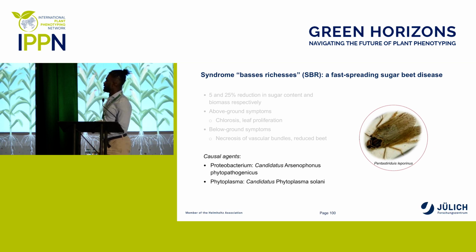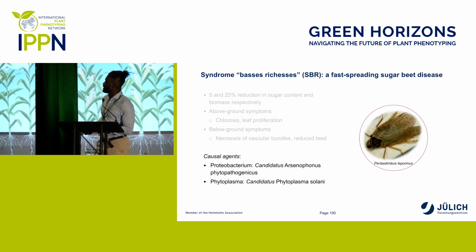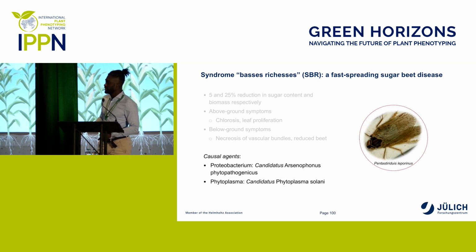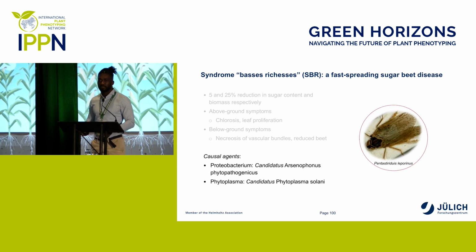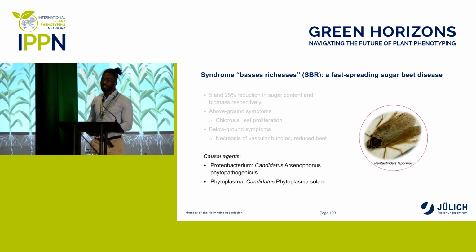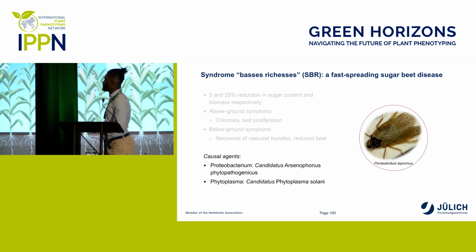That means that it requires a carrier to transmit the pathogens into host plants. So what this planthopper here, called Pentastiridius leporinus, does is that it visits innocent plants, feeds on them, and tries to introduce the pathogens simultaneously into the phloem sap.